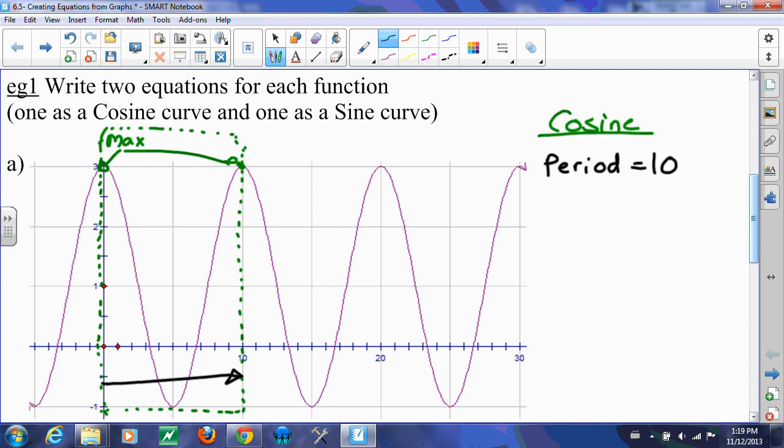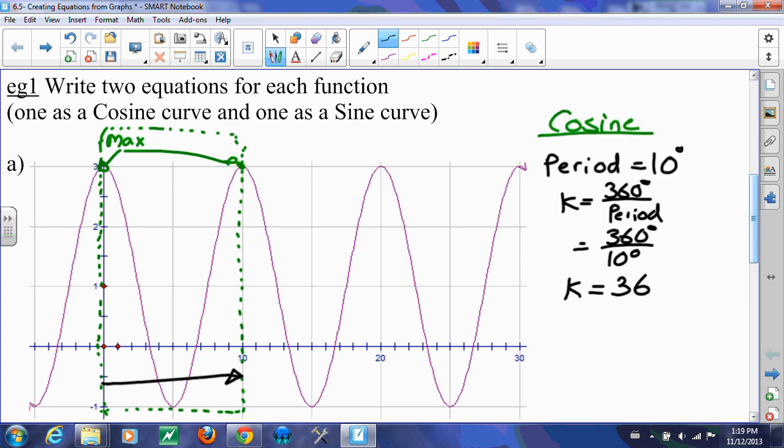It could be 10 degrees. Remember, we can sub in K equals 360 degrees divided by the period. So it's 360 degrees divided by our period, which is 10 degrees. That tells us that K equals 36.